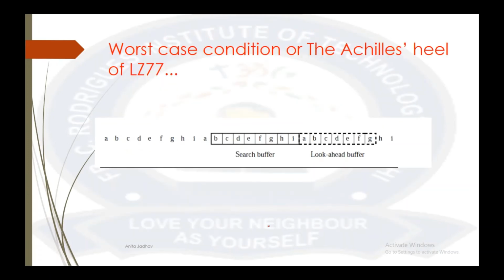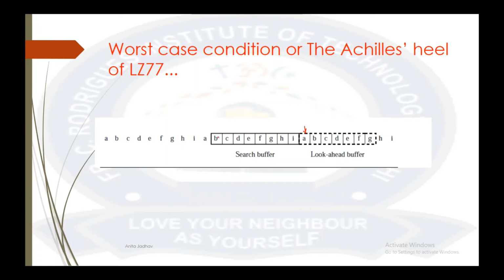Now we'll just see one example that is called a worst case condition of LZ77, or the Achilles heel in LZ77. See, this is your A, B, C, D, E, F, G, H, I, which is a fairly repetitive string. Now, this is your search buffer. Now see what happens. You are looking for A. Do you have A here?